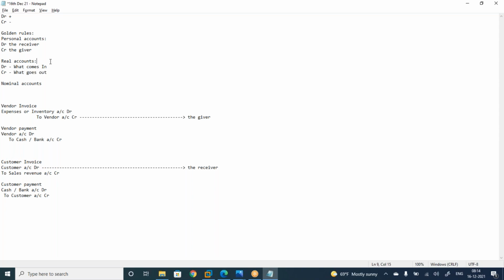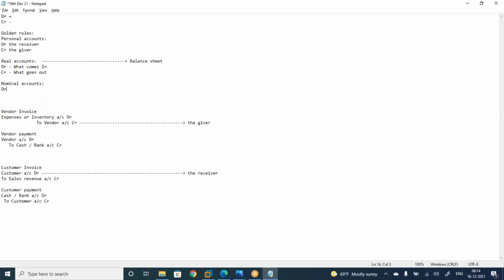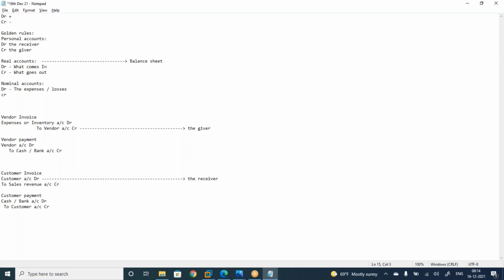This is for balance sheet, always remember. Nominal accounts: expenses and losses are debit. All incomes and gains are credit. Agree? This rule is for P&L accounts.